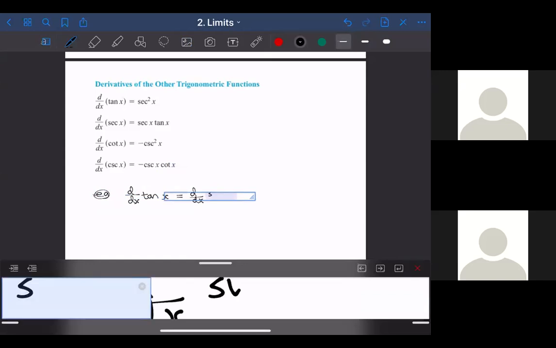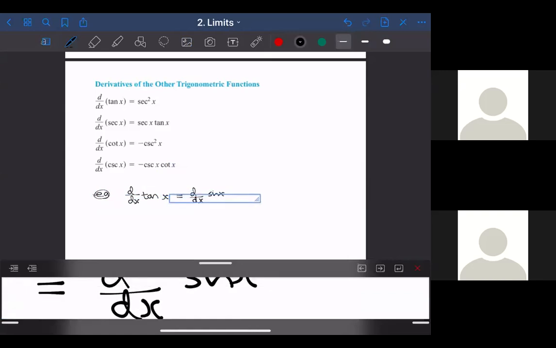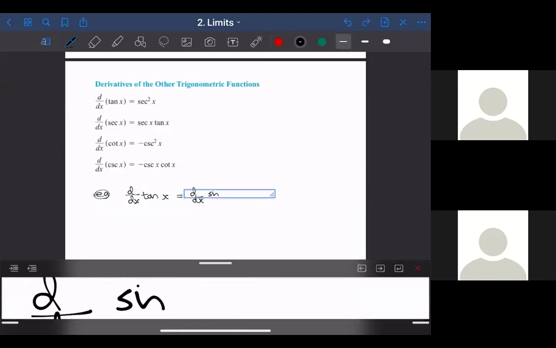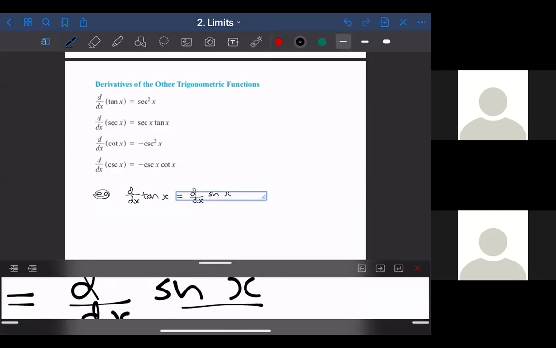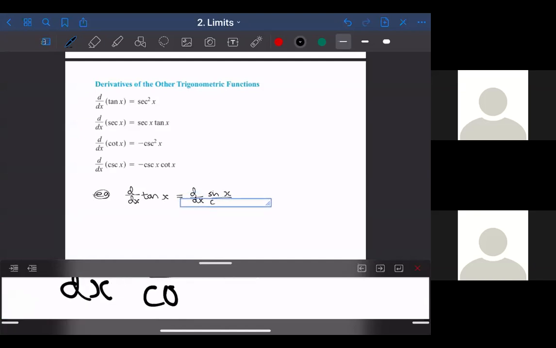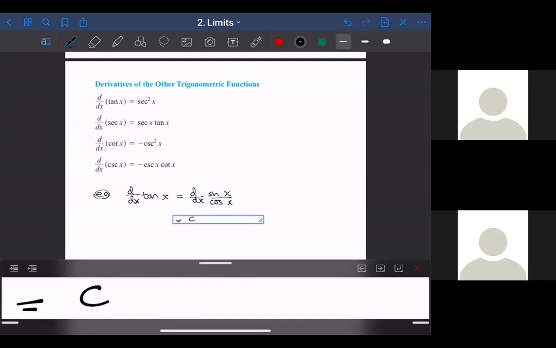Well, tan x is a quotient, sine x over cos x. And we have the quotient rule for derivatives.